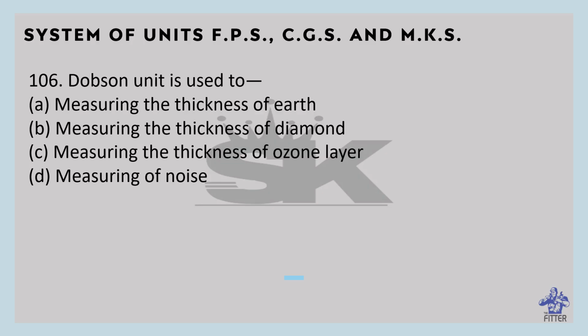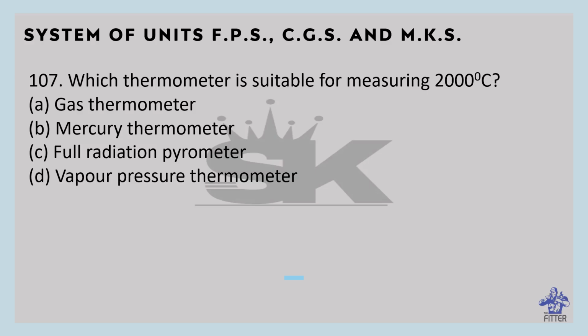The average ozone hole is around 100 Dobson, that means 1 mm. Which thermometer is used for measuring 2000 degree centigrade? That is total radiation pyrometer.